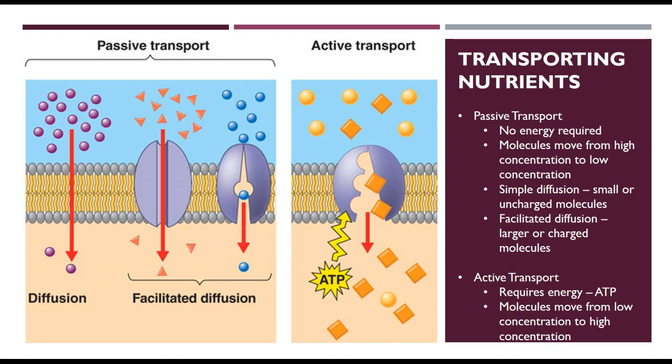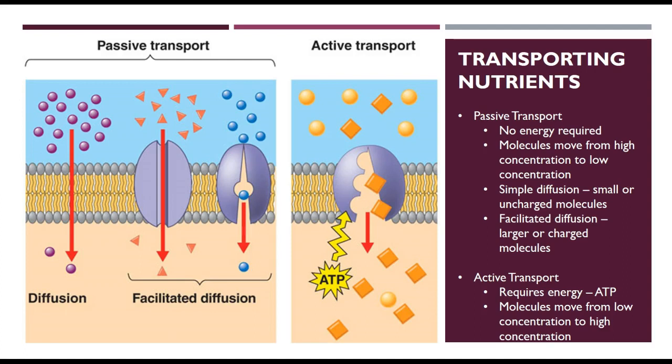Active transport moves molecules in the opposite direction, which is why it requires energy, because molecules don't naturally want to move in this way. So we're going to move molecules from an area where there is a low concentration to an area where there is a higher concentration.